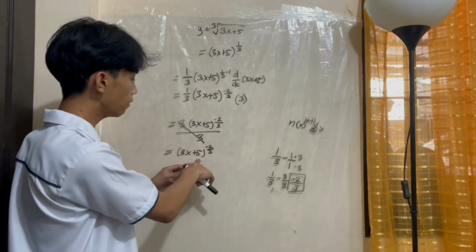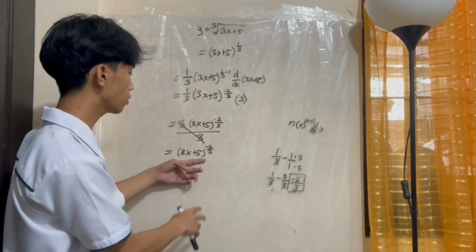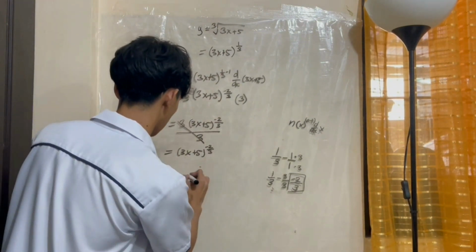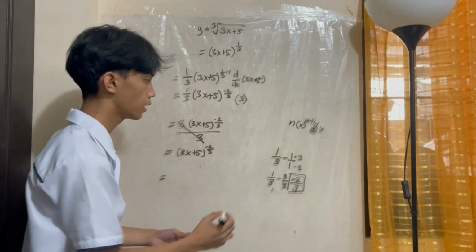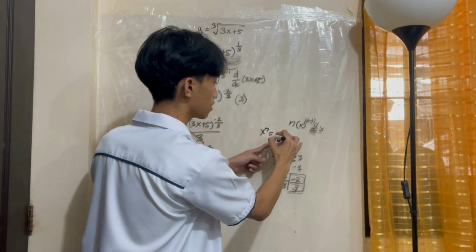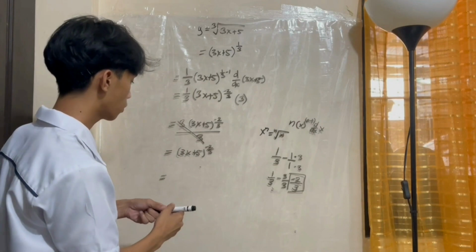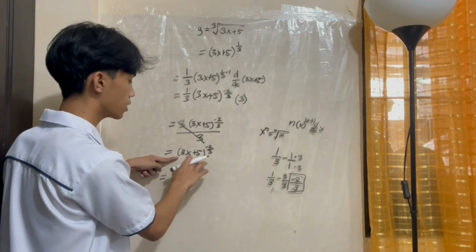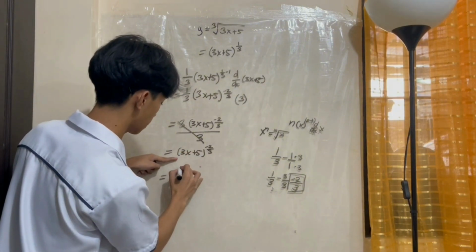Now, since our given is in an exponential form, we need to turn it into a radical expression, just like this one. As I said earlier, x raised to n is also equal to the nth root of x. Now, we can turn our exponential form into a radical form, just like this.